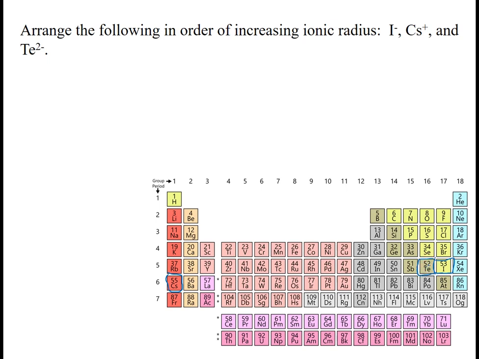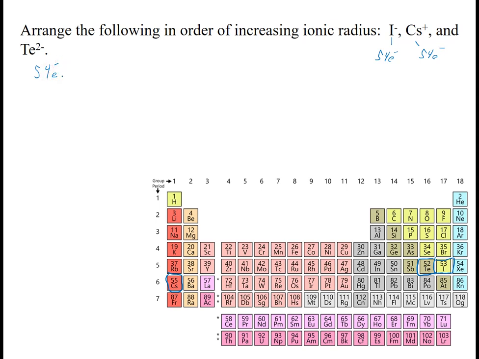Okay, so there are my 3 atoms. Now this one is 53, but with the negative is 54 electrons. This one is 55 minus 1 electron is also 54 electrons. And Te is 52 with 2 more electrons is also 54 electrons.